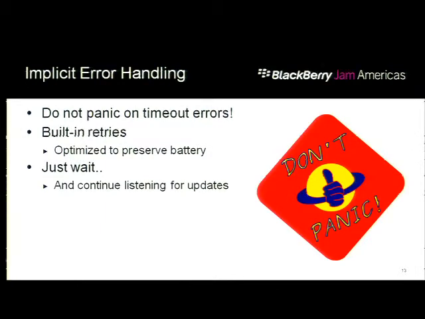So if you get any error or a timeout signal from the position source, instead of panicking, just wait and listen for your position updated slot. What happens is Location Manager has built-in retries that are optimized for battery, and it's going to continue trying, like I said, until you call stop updates. All you need to do is just wait and listen for new fixes to come whenever that's available.